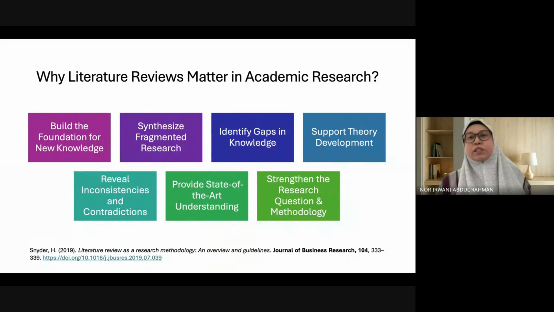Of course, if the problem is clear, it will reveal the inconsistency of the previous findings. They are measuring A, they are reporting B, and they are also reporting C, and you have been doing D.